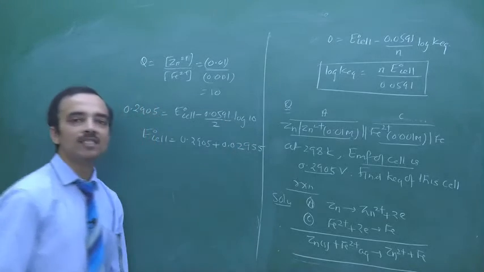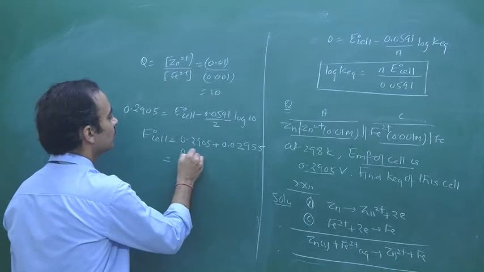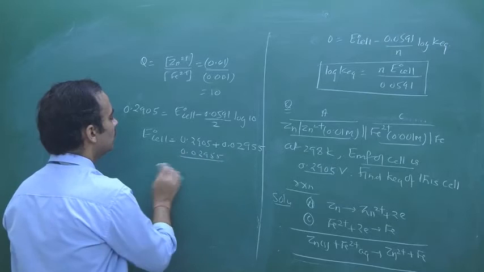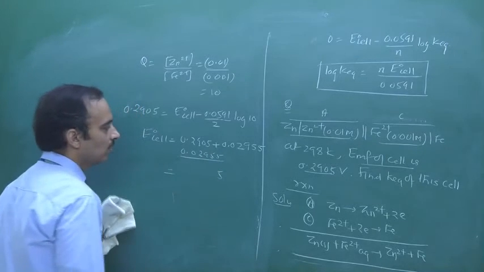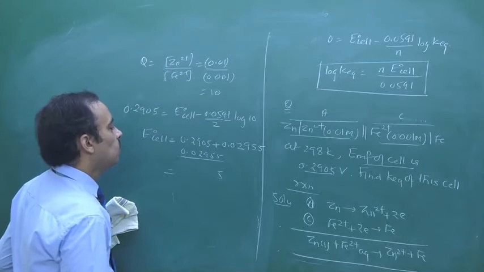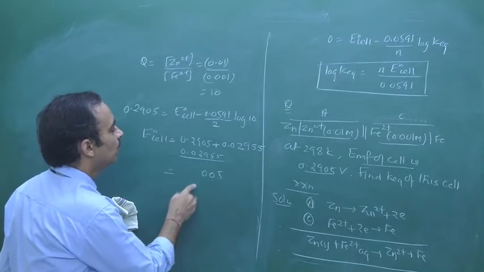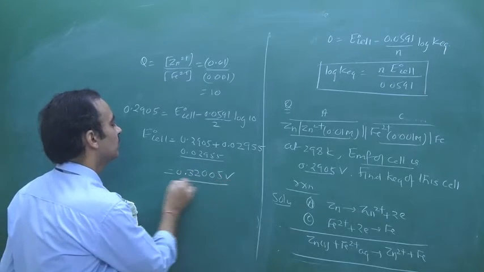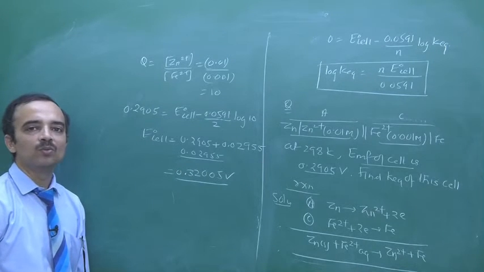Is it clear? E0 cell comes out to be 0.32.